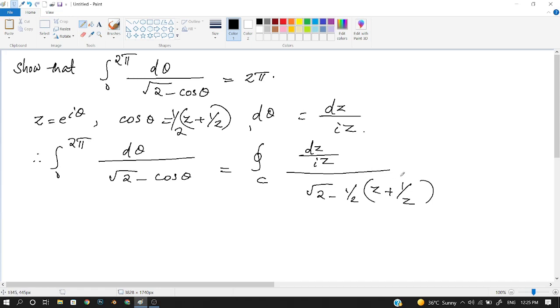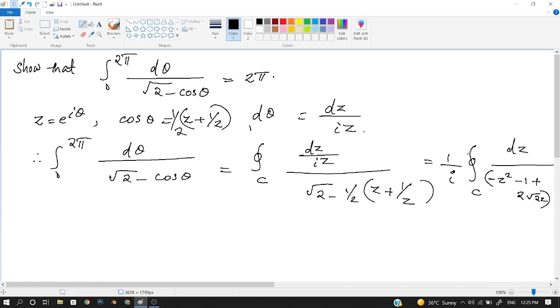Now this is same as 1 by i closed integral over C dz divided by minus z square minus 1 plus 2 root 2 z in the denominator.